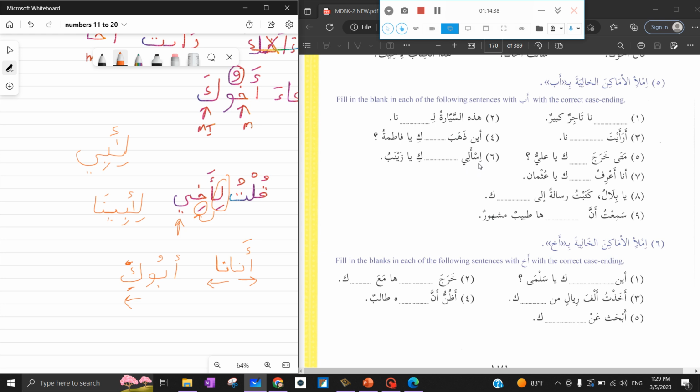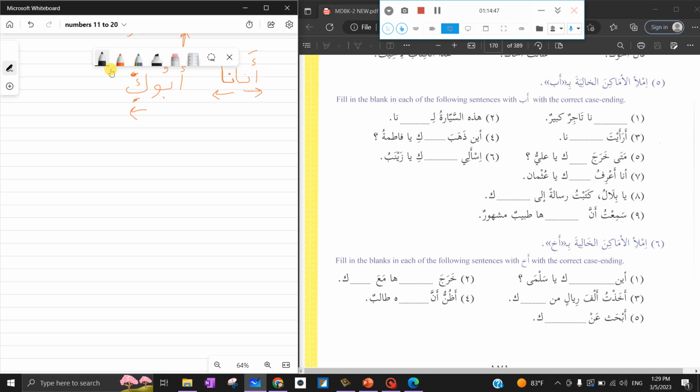Is'ali. Is'ali means it is a command for a female. From which verb is it coming? Is'ali. Now you should understand the structure first. Is'al is a command. Okay. And it's coming from which verb? Sa'ala. This is the past verb.